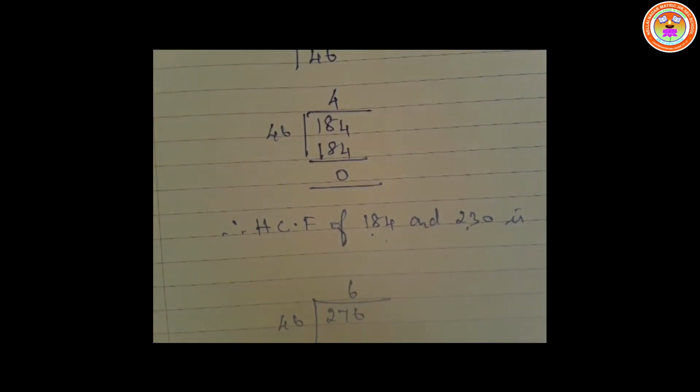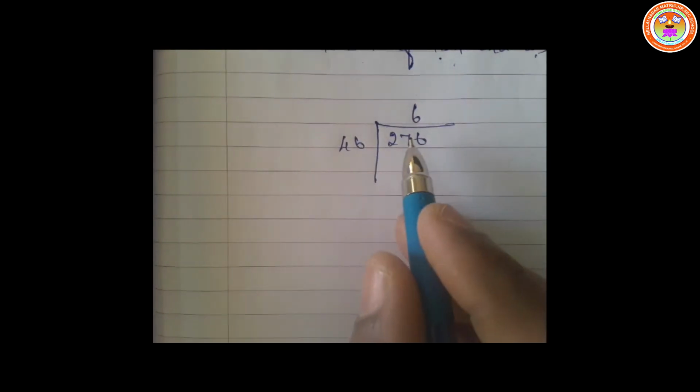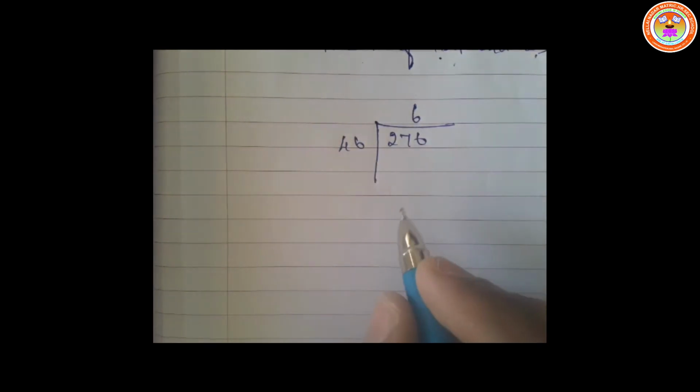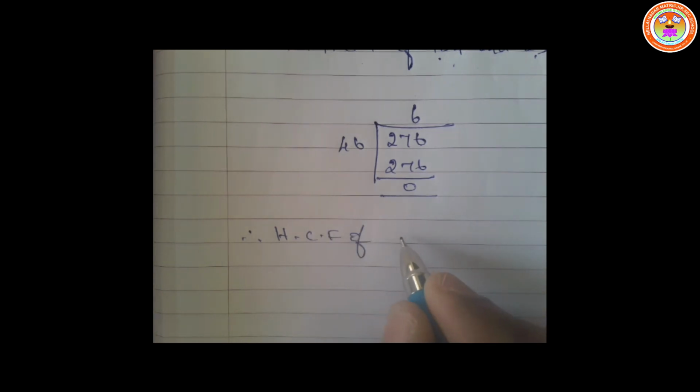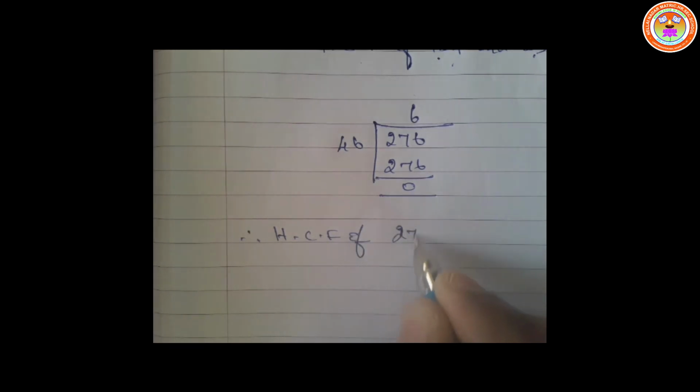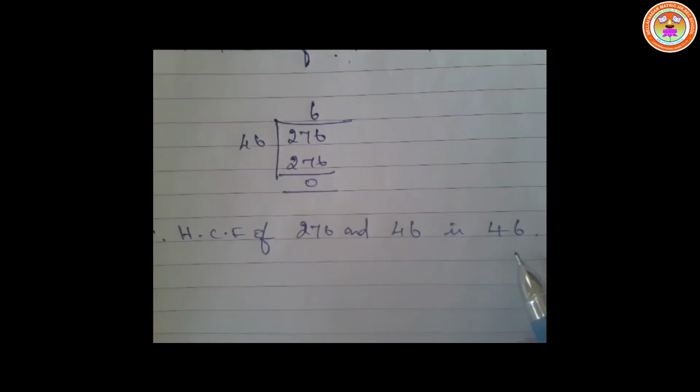Start dividing: 6 times 46 is 276. Now we got the remainder 0 again. Therefore HCF of 276 and 46 is 46.